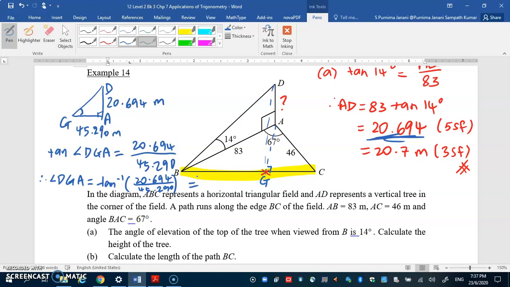Tangent inverse of that will give me 24.556. So to 1 dp it will just be 24.6. And that's my greatest angle of elevation.